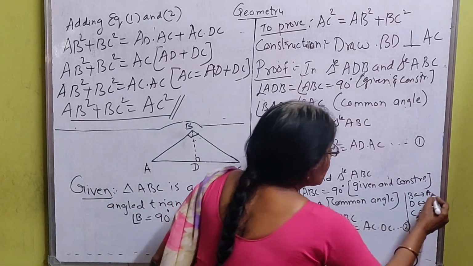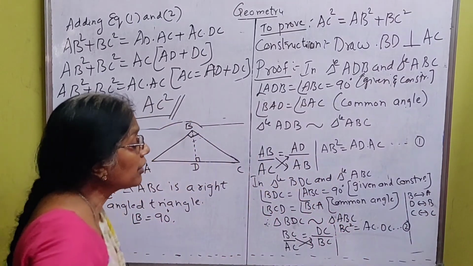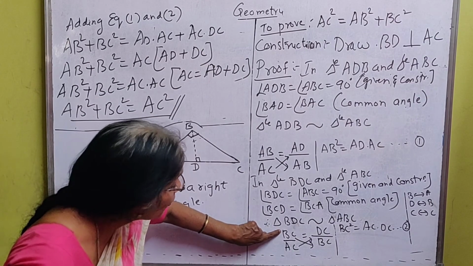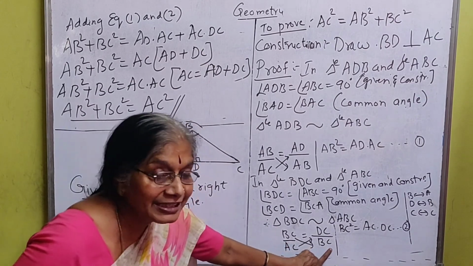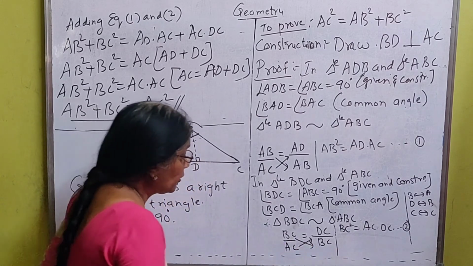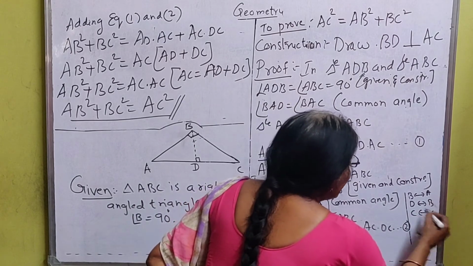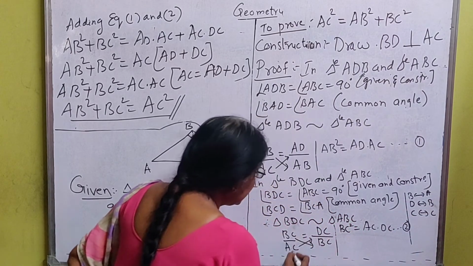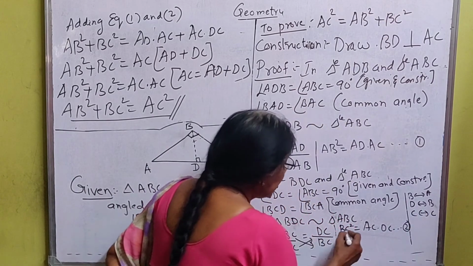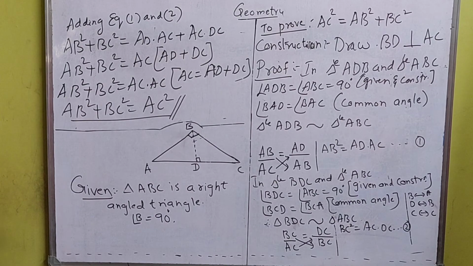So B corresponds to A, D corresponds to B, C corresponds to C. I want BC square, so in the smaller triangle BC is in the numerator, and in the bigger triangle BC should come in the denominator, then I can cross multiply. So I took BC, and in the bigger triangle AC comes. So BC by AC is equal to DC by BC. Cross multiplying, BC square is equal to AC into DC, which is equation number 2.